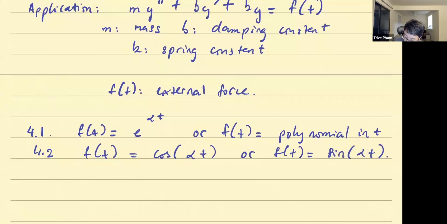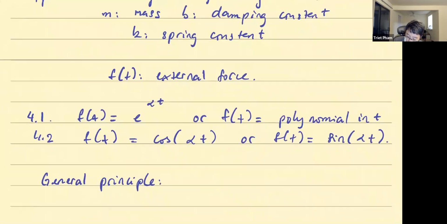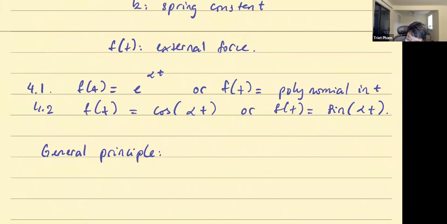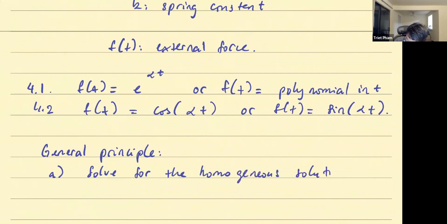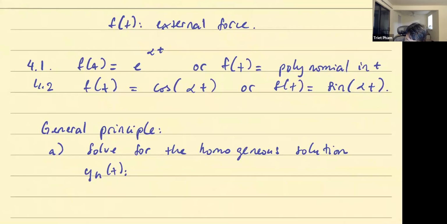Okay, so what is the general principle when we solve for this kind of system? The general principle we have looked at before is, first of all, you solve for the homogeneous equation solution, y_h of t, where y_h solves a y double prime plus b y prime plus c y equal to 0.